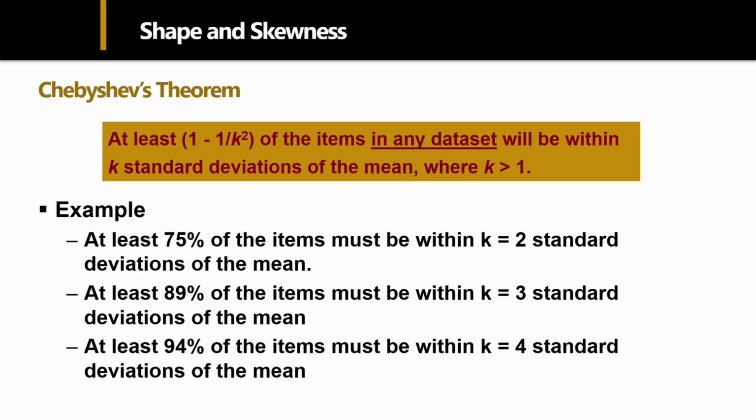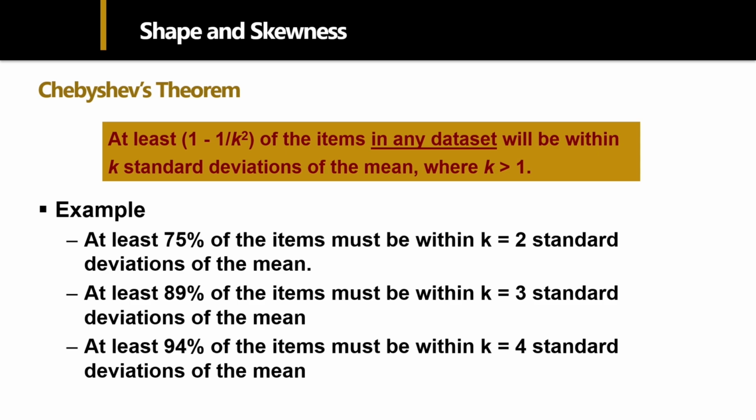Finally, in addition to the empirical rule, we have a more general description of how distributions behave. It's called Chebyshev's theorem, and it says that for any data set, any underlying distribution, we can calculate roughly how many of those observations will be within a certain number of standard deviations, in this case denoted as k.